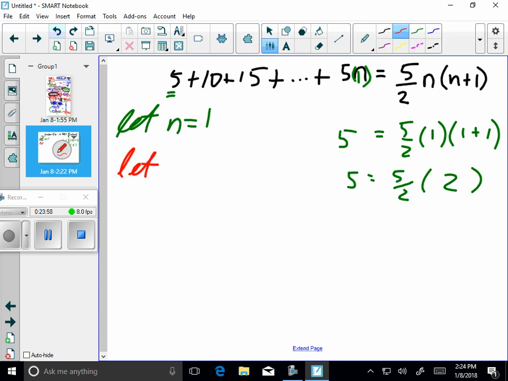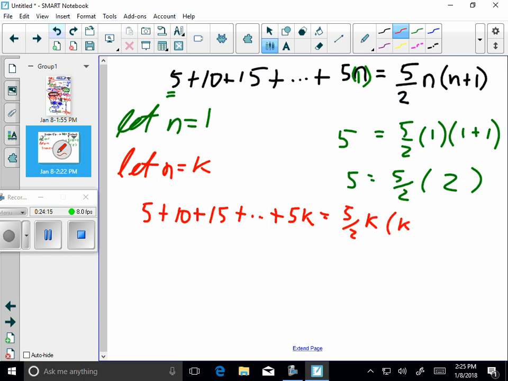We've proven it for n equals 1. N equals k. I rewrite that whole honkin' formula: 5 plus 10 plus 15 plus dot, dot, dot plus 5k equals 5 over 2k, and then k plus 1. All I did was copy the formula, sticking in a k.